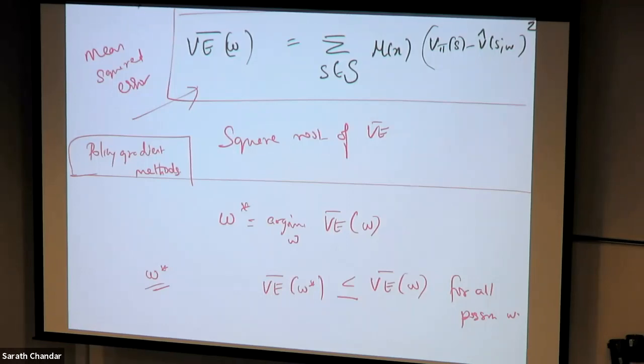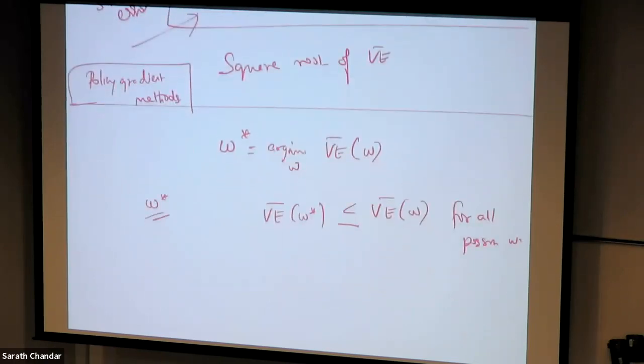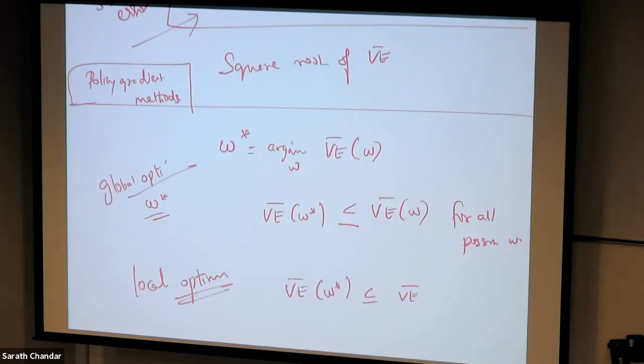However, we are also going to discuss nonlinear function approximators next week, where there is no guarantee that you're going to find the global minimum, and you would often reach a local optimum, which is basically VE of W star is less than or equal to VE of W, but only for all W in some neighborhood of W star.